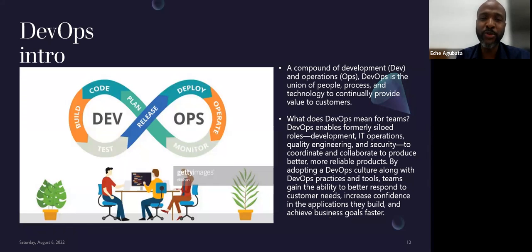There are softwares or tools that do building, which I will discuss in the next phase. For testing, there are softwares that are used for testing. All those softwares that are used by the different professionals in this loop are managed by the DevOps person.